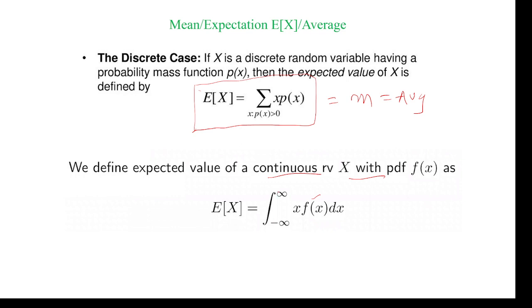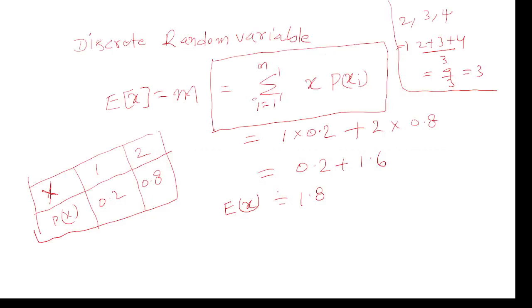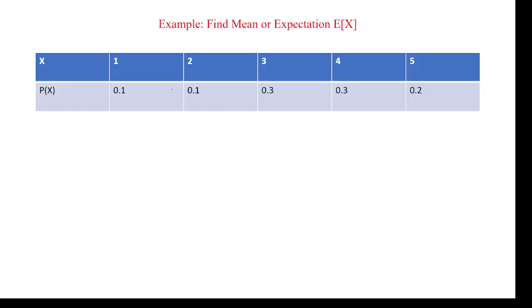I will give an example for the continuous random variable too. First, find the mean value for the given random variable probabilities. We know that if it is a table, we can easily identify it is a discrete random variable. Then the formula is sigma i equal to 1 to n of x multiplied with p of xi.